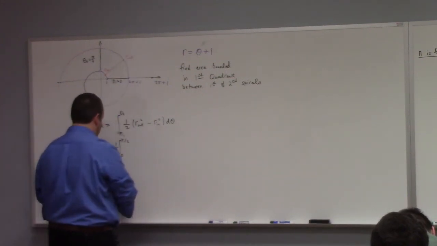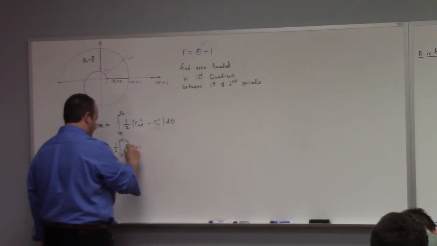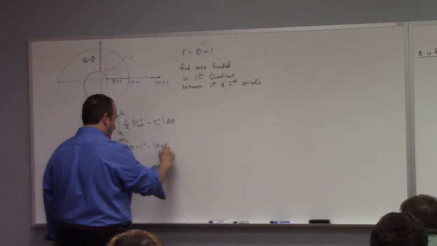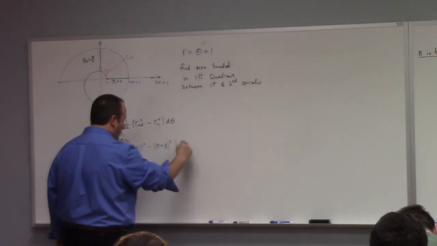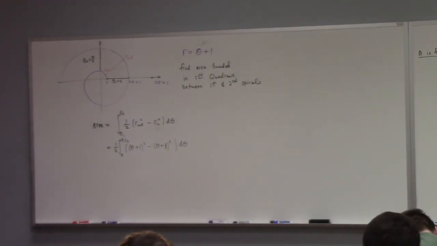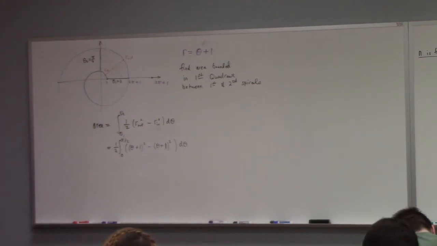So, oh man, despite the appearance, it looks like this area is 0. What's up with that? Is this area 0? Yes. No, it is not 0. It is undefined.